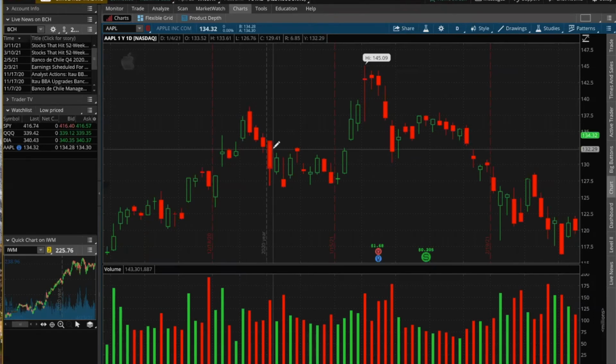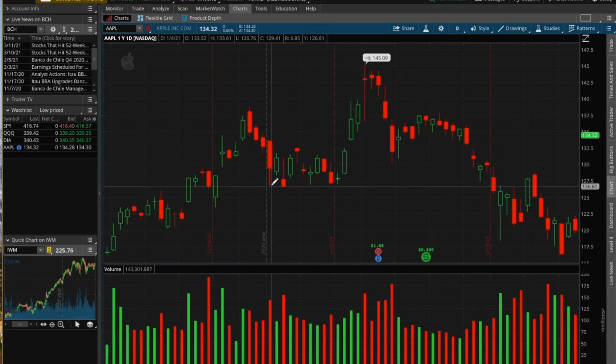And then you'll see some where there's a little bit more of the wick. Bullish means going up, bearish means going down. I'm going to post a chart at the end so you can look at a bullish candle. When there's a wick here, even though this is a red candle, the price actually went down to 126, but it ended up closing at 129.